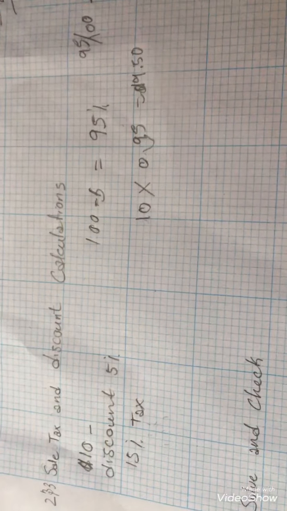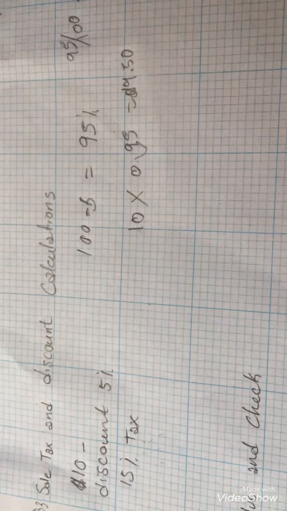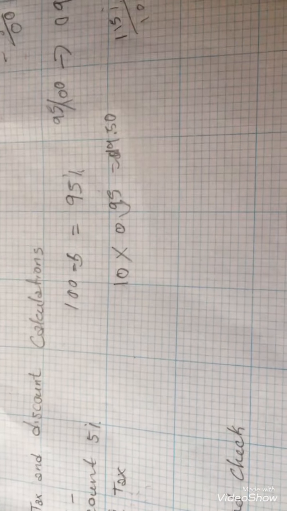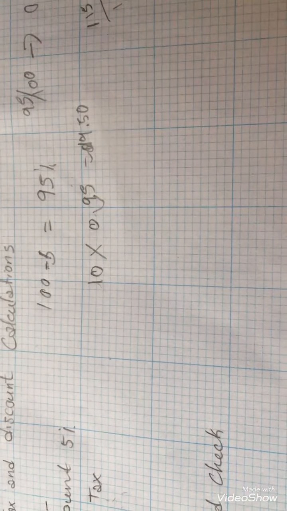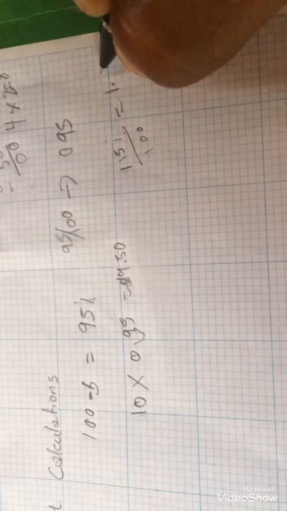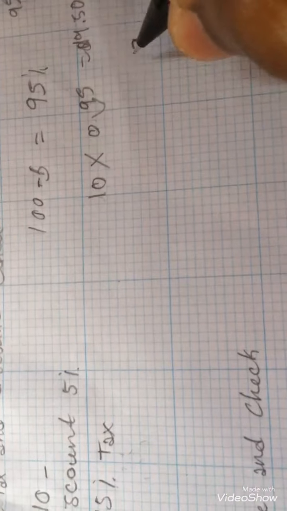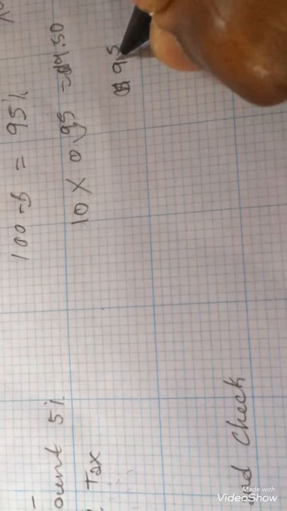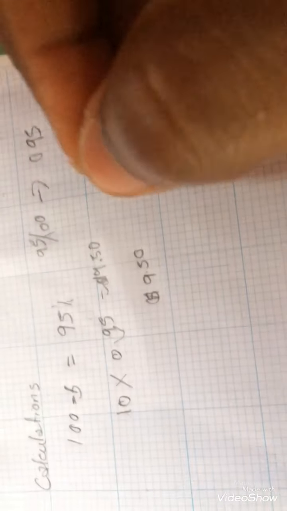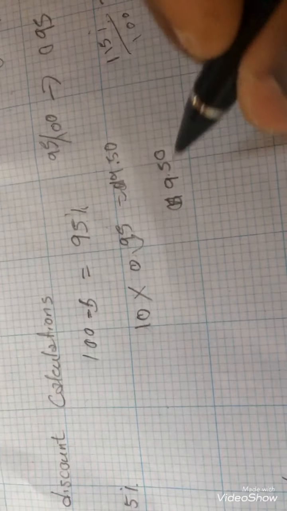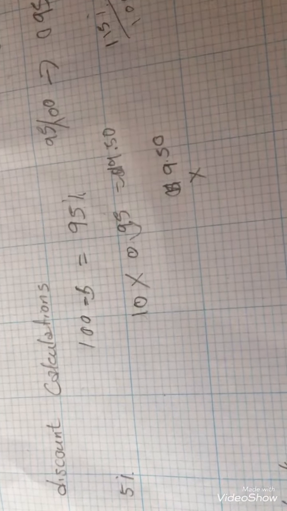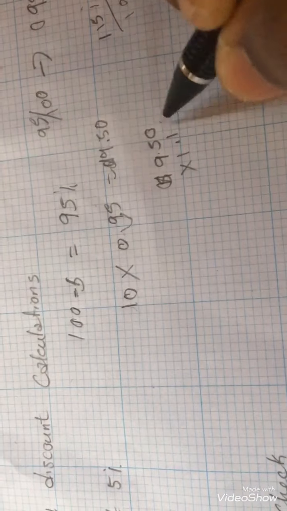But every percentage is out of 100, so we convert that, we end up with 1.15. So 9.50 multiplied by 1.15.